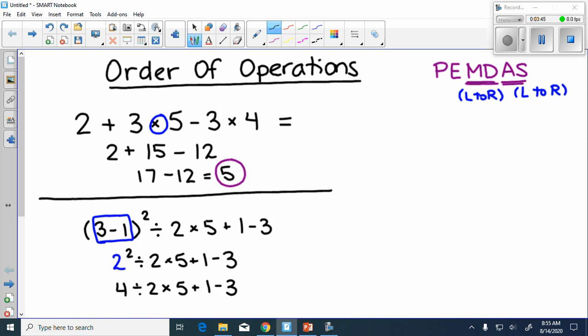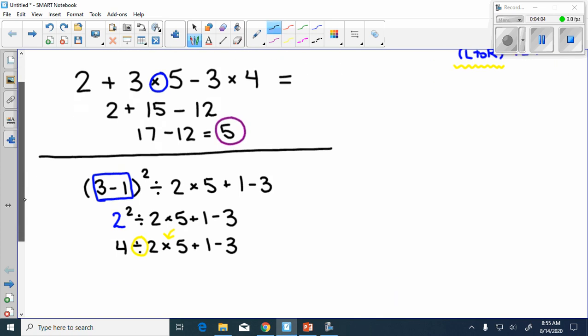Now again, remember when we said we do multiplication, we work through those operations from left to right. So that means I'm going to do the division of 4 divided by 2 first before I multiply anything times 5. If I go out of order there, I'm not going to get the right answer.